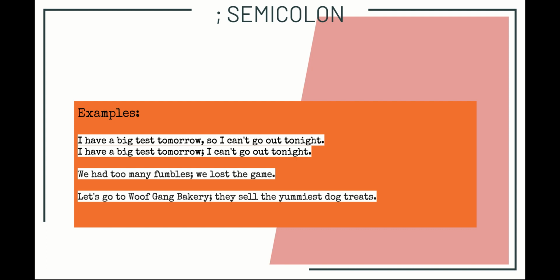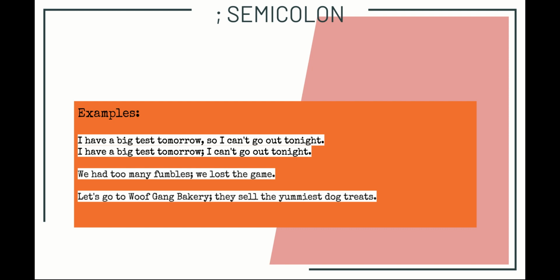So you can see, I have a big test tomorrow; I can't go out tonight. Both sides of the semicolon are related, but they could stand on their own. So I could say, I have a big test tomorrow, period. Or I could say, I can't go out tonight, period. But they are related, so I can connect them together with a semicolon. We had too many fumbles; we lost the game.